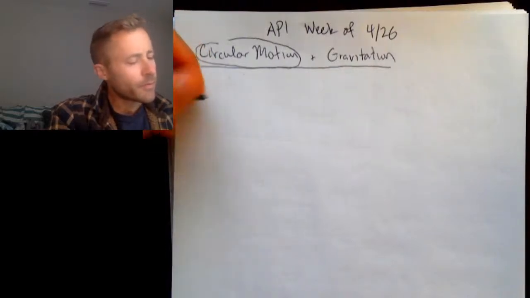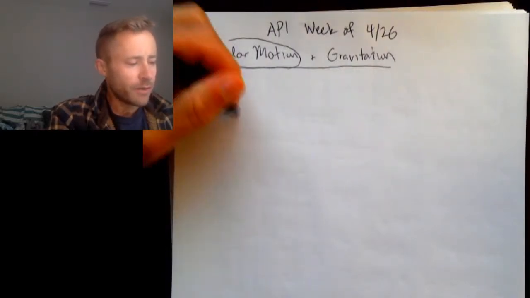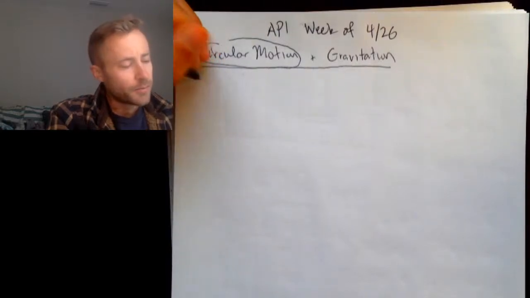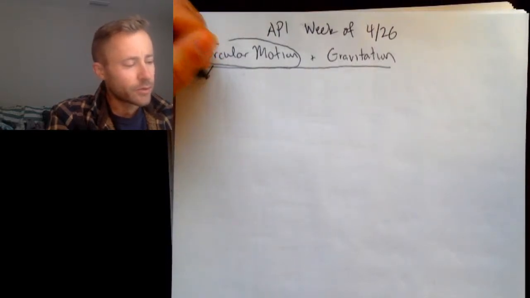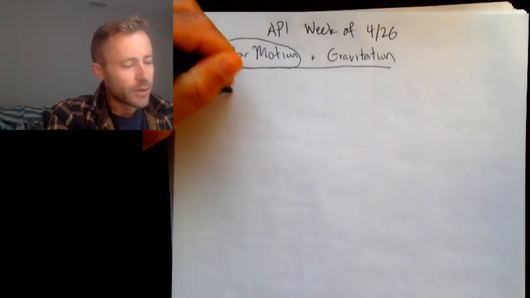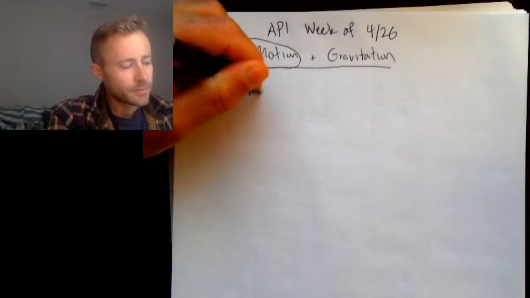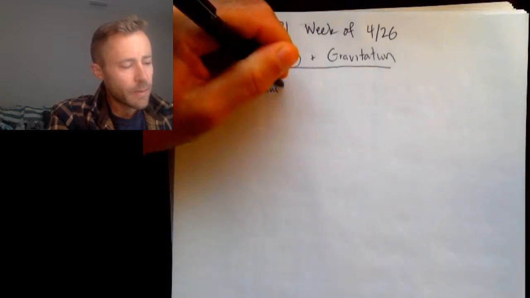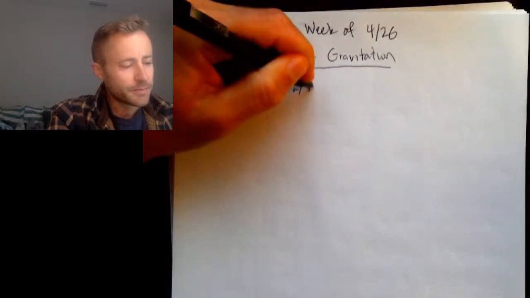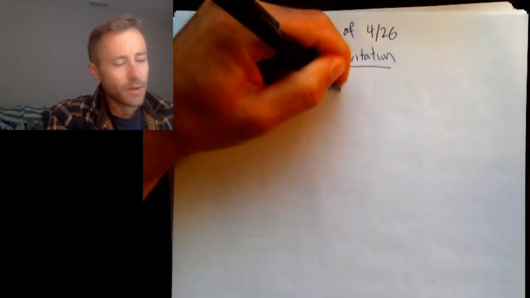So circular motion, you have an object that is moving in a circle of radius r with speed v.